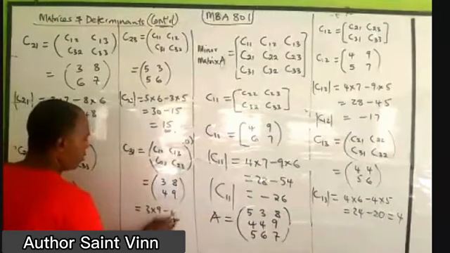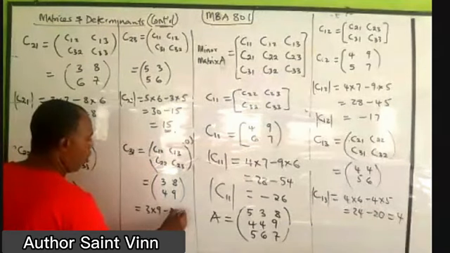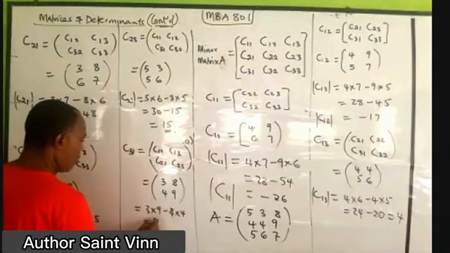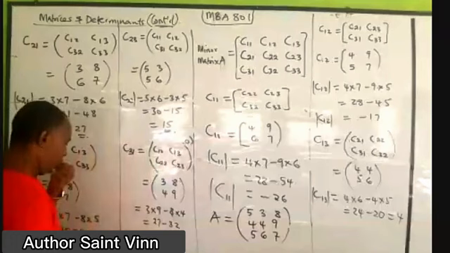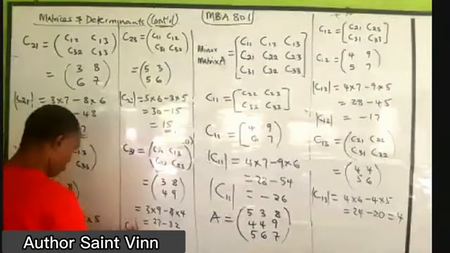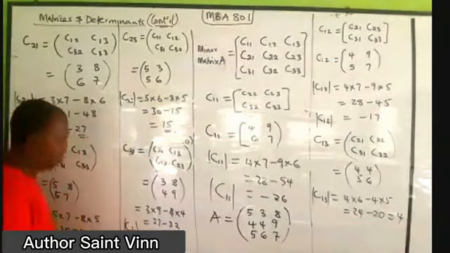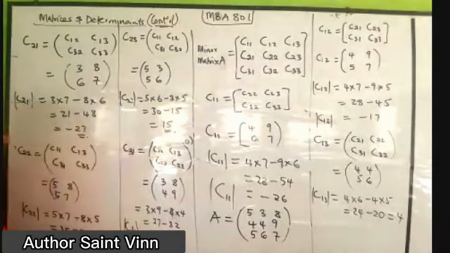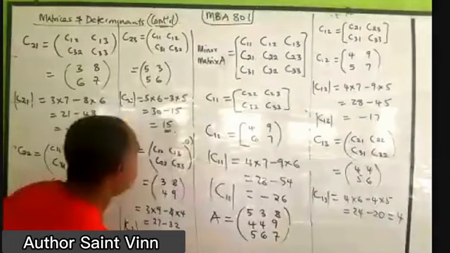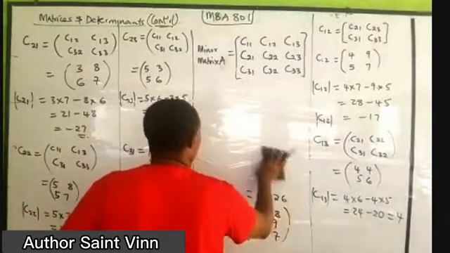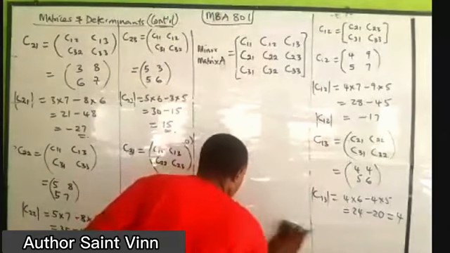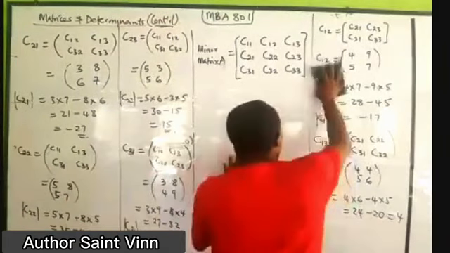Formula: 8 times 4 or 4 times 8, 27 minus 32, result minus 5. Good. That matrix is important for us.